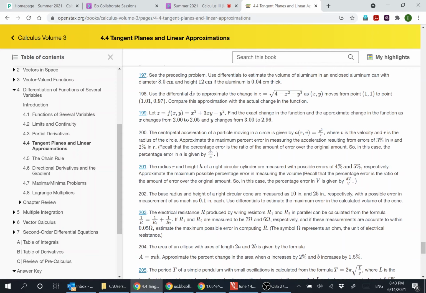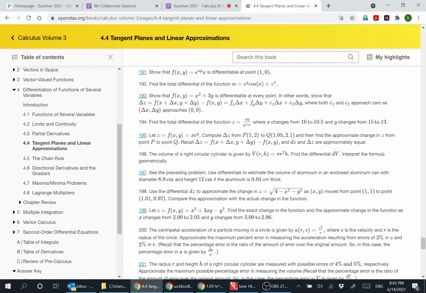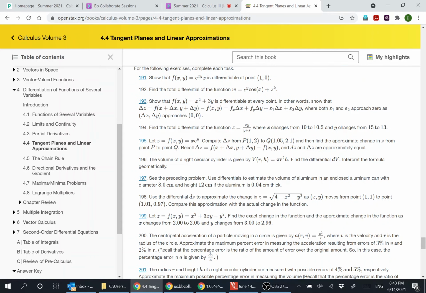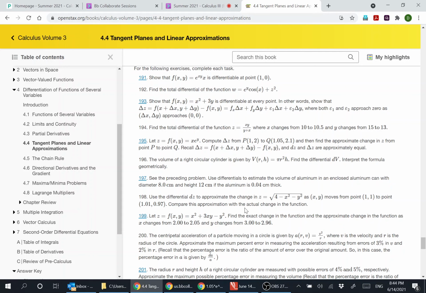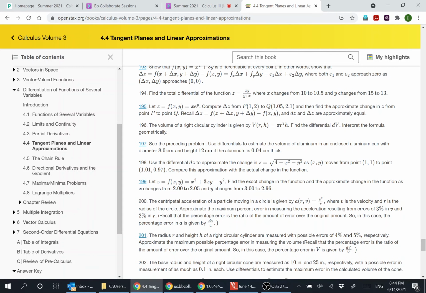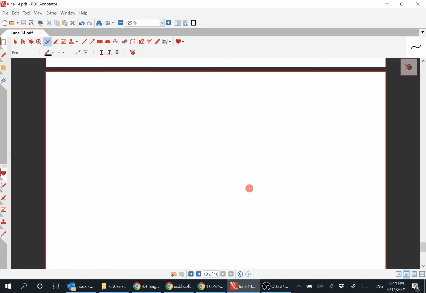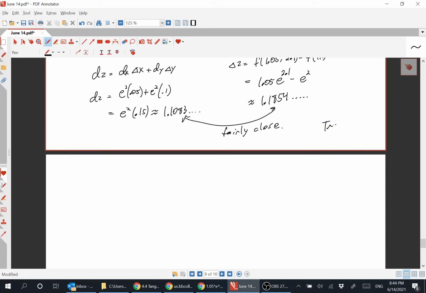Oh, they don't actually do that in this book. Find the total differential. Yeah, they actually don't do that in here. That's fine. So for next time, we'll try 199. So try 199 on your own. And we'll look at this next time as well if you've got questions.